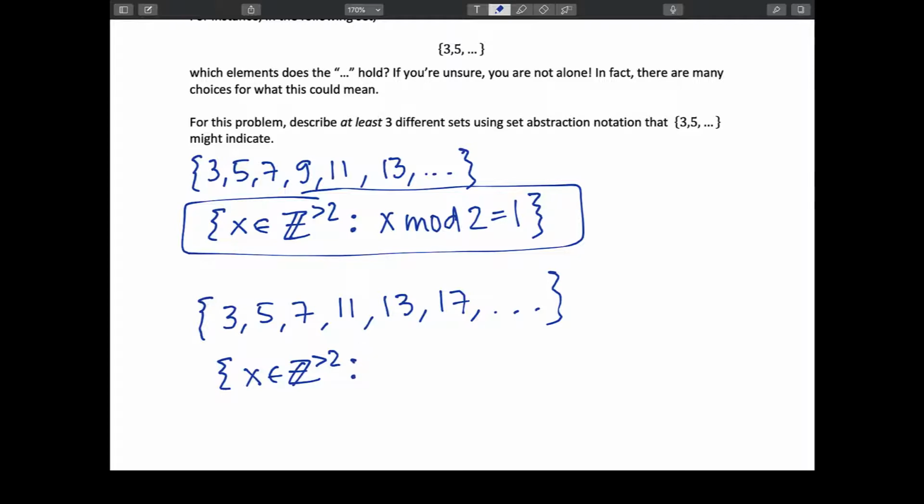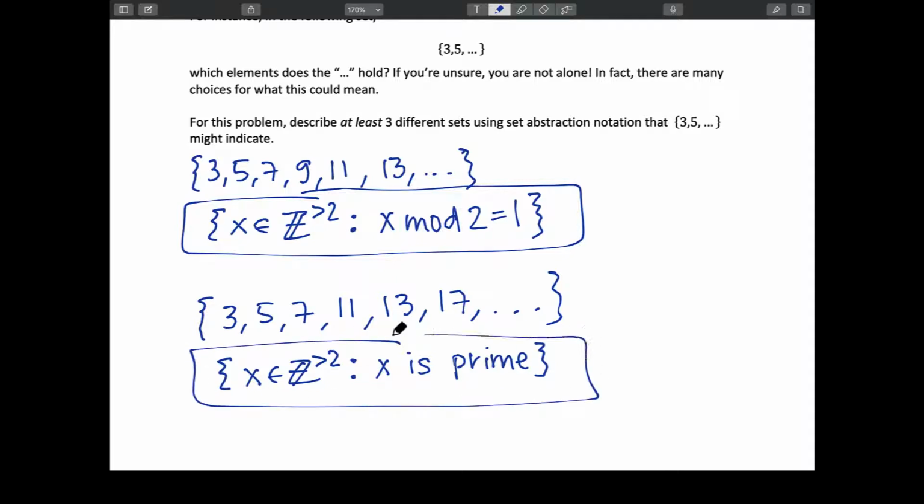It could be all the primes that are odd, but I'll just say greater than 2, and that fixes it for me, such that x is prime. So it's the odd primes. The first one was the odd numbers.